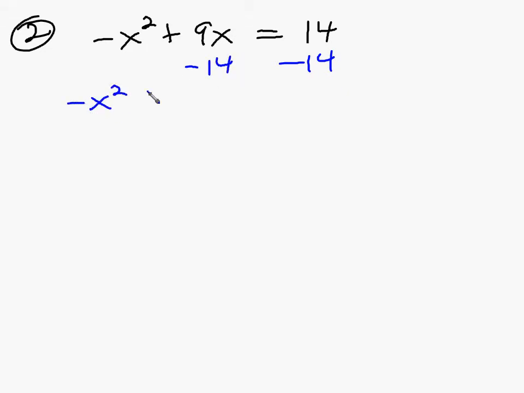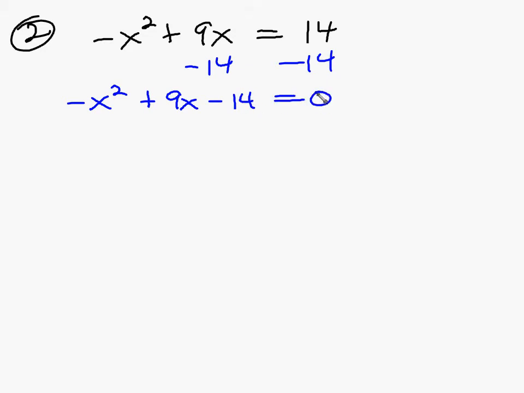Now, of course, these things are going to look all kinds of different whopper-jawed ways. We may have to manipulate them a little bit before we start. What's wrong with this one before I start? It's not equal to 0. Very good. So the first thing I need to do is subtract 14. Good job. So I have -x squared plus 9x minus 14 equals 0.